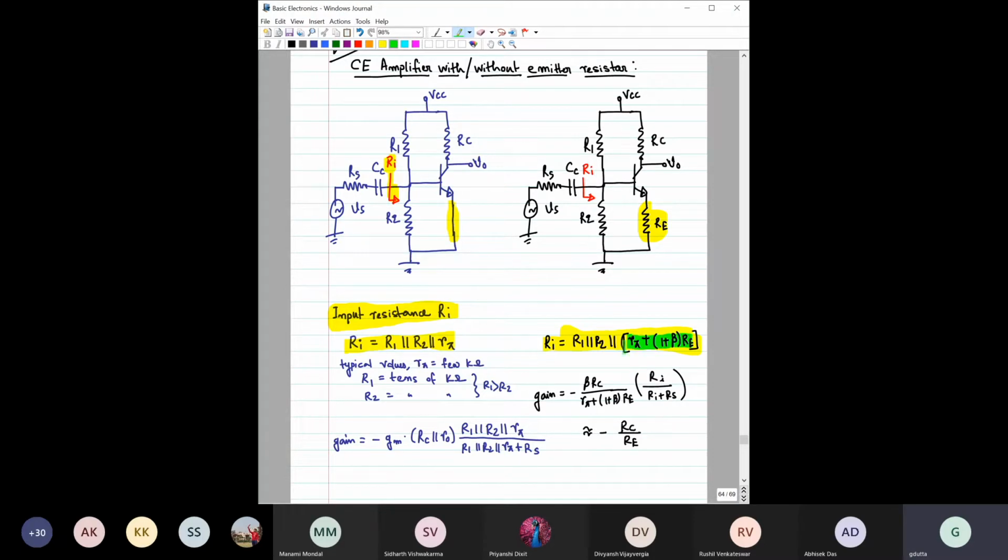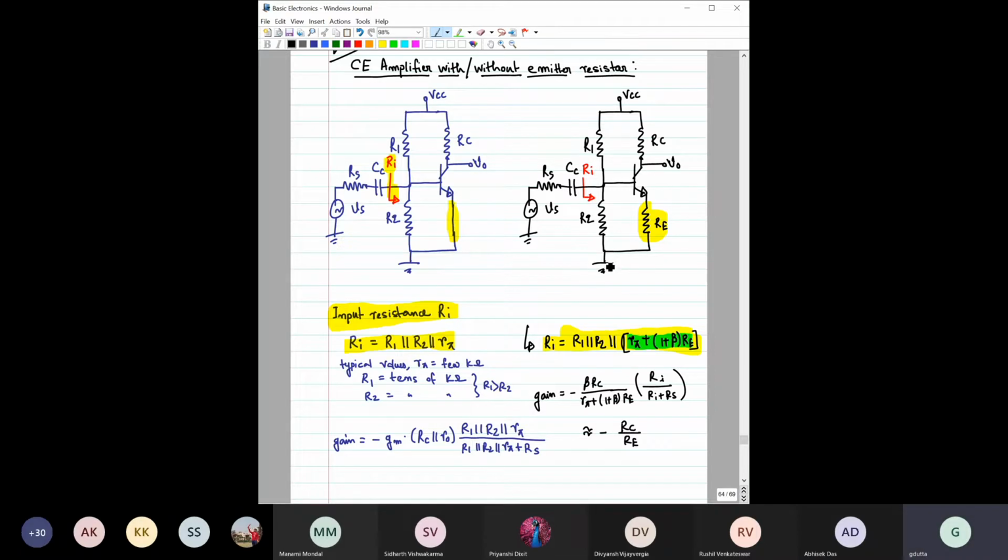This R pi would now change to R pi plus (1 plus beta) into Re, right? We discussed this exclusively in the previous class, and we said that this is nothing but the resistance reflection rule, right? So this Re resistance would be multiplied by the (1 plus beta) term and added with this R pi, and that would give you the total input resistance if you look from this side.